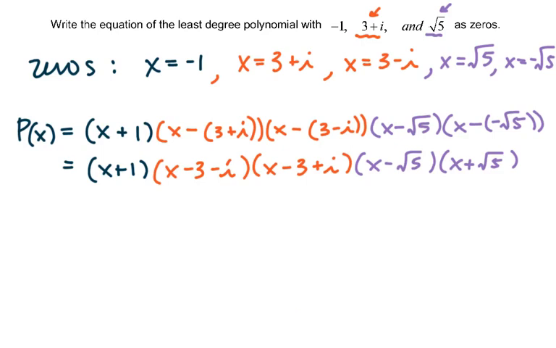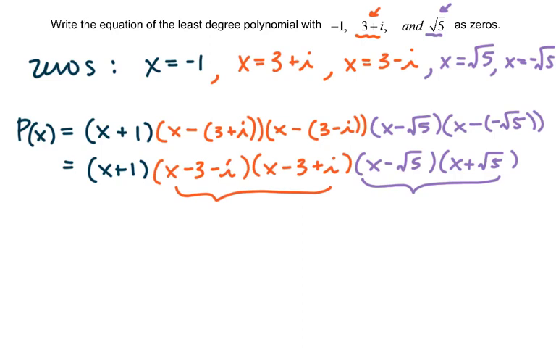So as we look at simplifying this, it's very important that we multiply our conjugate pairs first, okay? Because that's going to get rid of the i's and get rid of the square roots. So always make sure you multiply your conjugate pairs first.